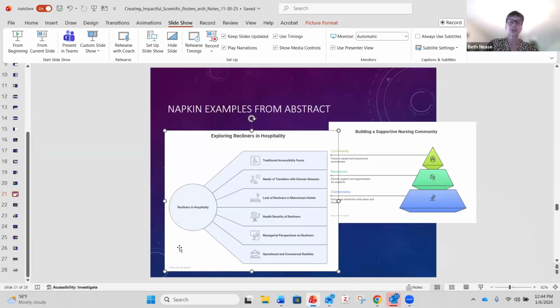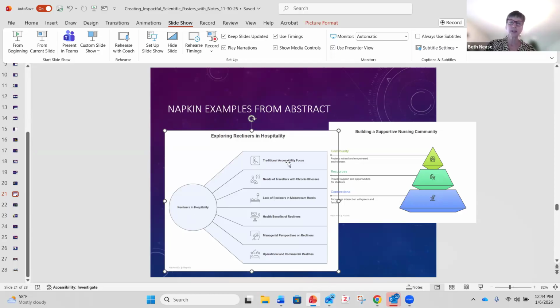But that's really challenging for travel because hotels don't routinely provide recliners. And so I interviewed 20 hotel managers about the feasibility and barriers to providing a recliner. And so I plugged that abstract into Napkin and it kind of created this image for me.